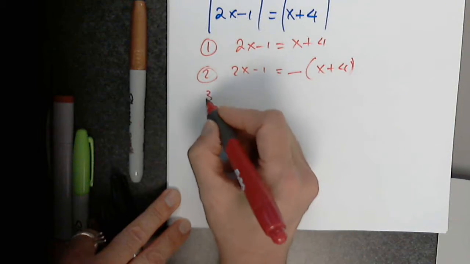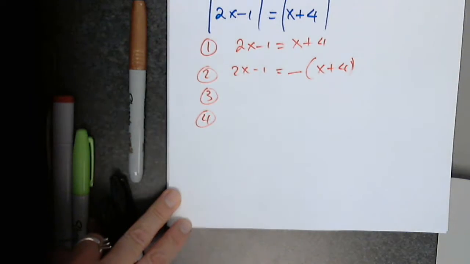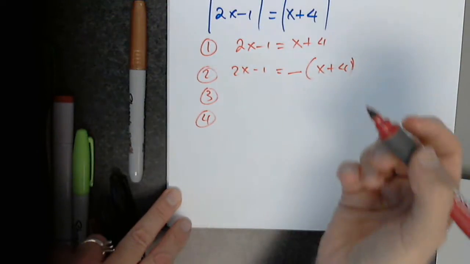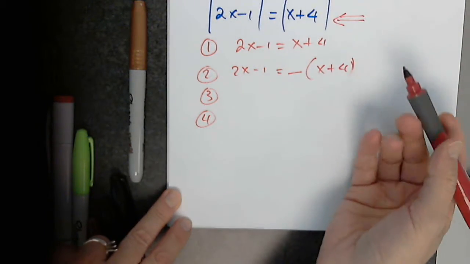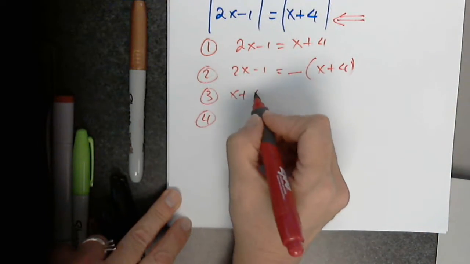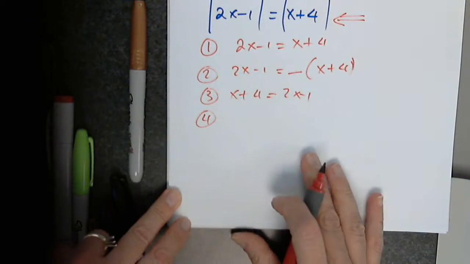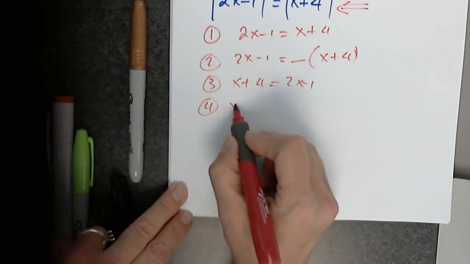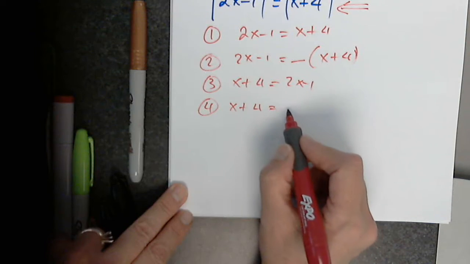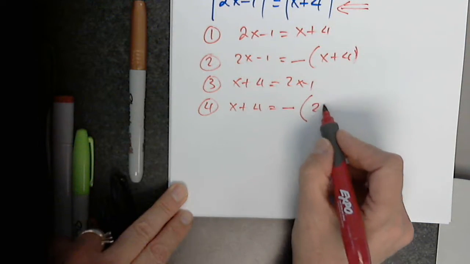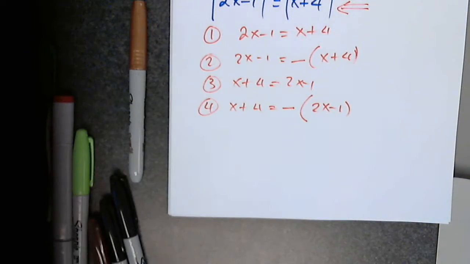And what will be the third, or what will be the fourth? As if I'm looking from here. Excellent. And the other option, x plus 4 equals the opposite, very good, of 2x minus 1. Excellent. Stay with me.